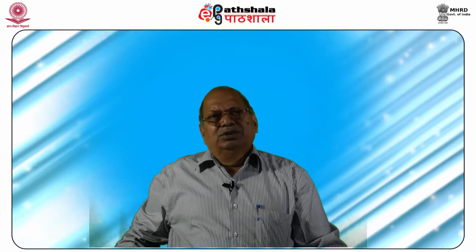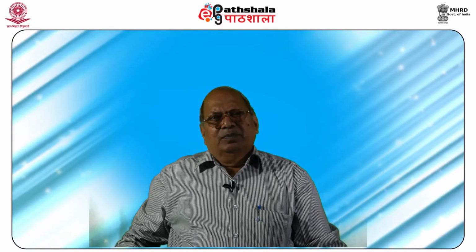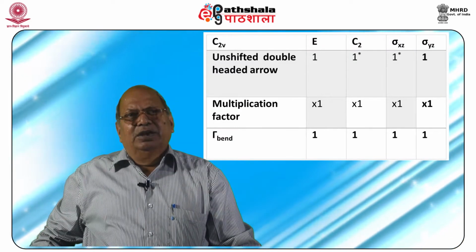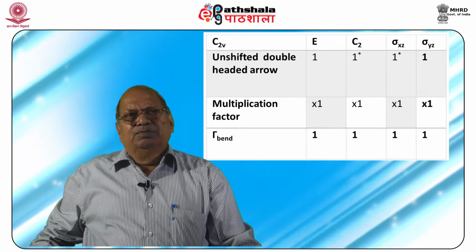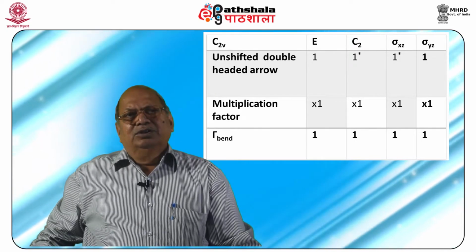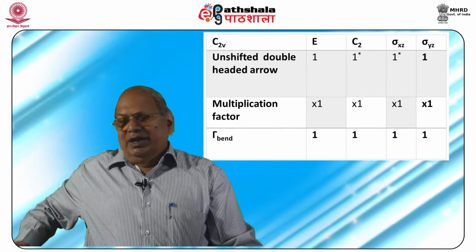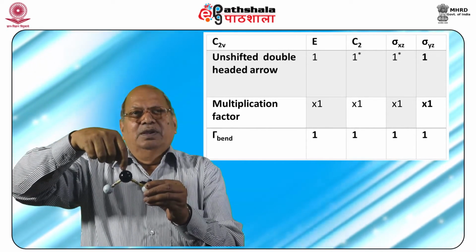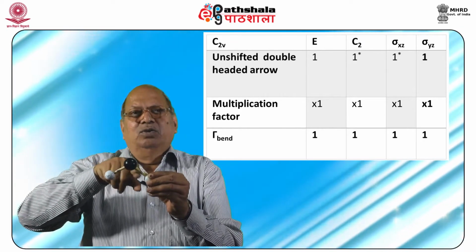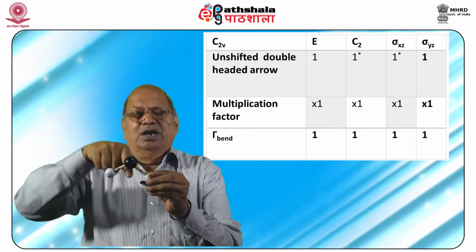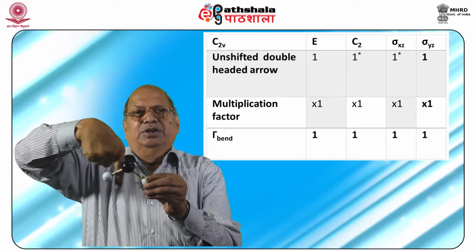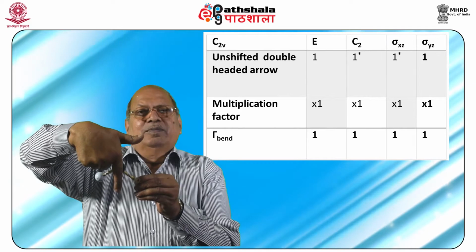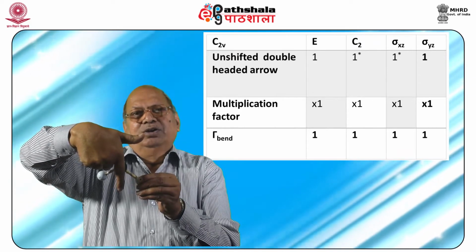Now, how does this double-headed arrow behave? Let us examine. Under E, the double-headed arrow remains as such, so it is plus 1. Now, this is my C2 axis. This double-headed arrow is not completely shifted; only half of the bond angle is shifted into the other half, since the C2 axis divides the bond angle in two.